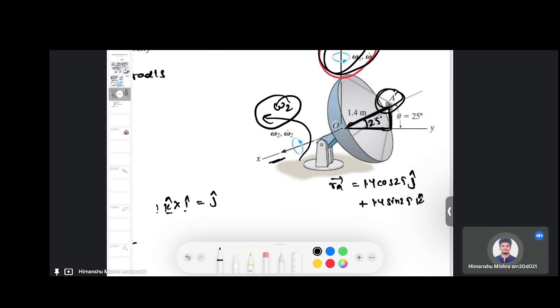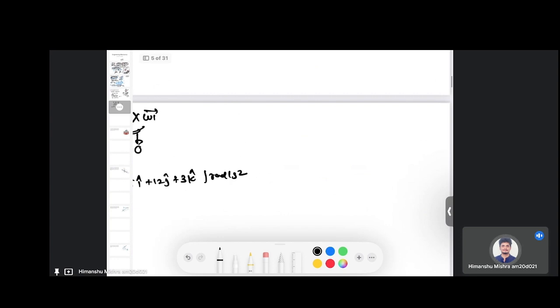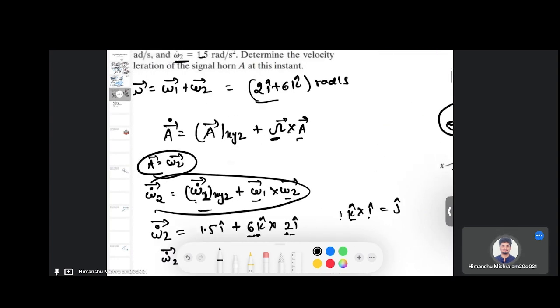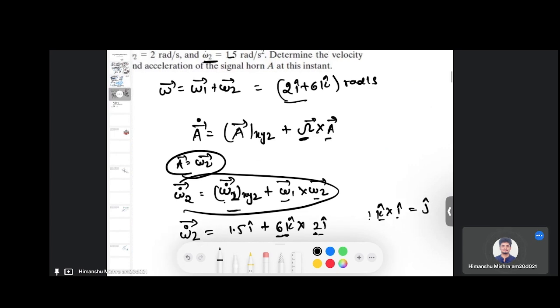So along this z-axis it's sin 25 k. So this will be my position vector, right? And my omega is 2i plus 6k.